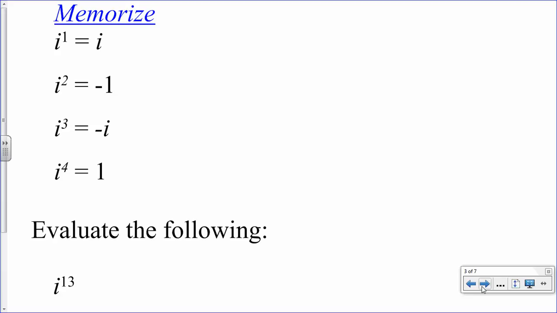We just talked about i squared being negative 1. So then i cubed would be negative i. Here's why. I can rewrite i cubed as i squared times i, or even if I write out all 3, i times i times i. Well, i squared is what?